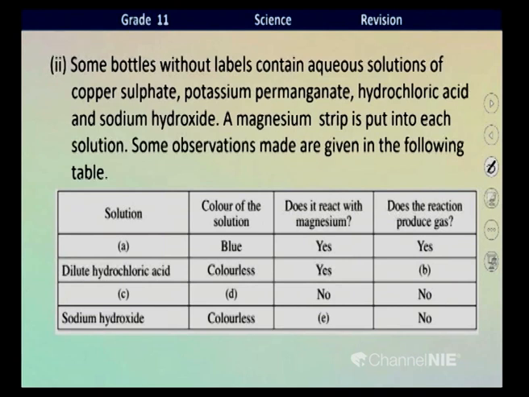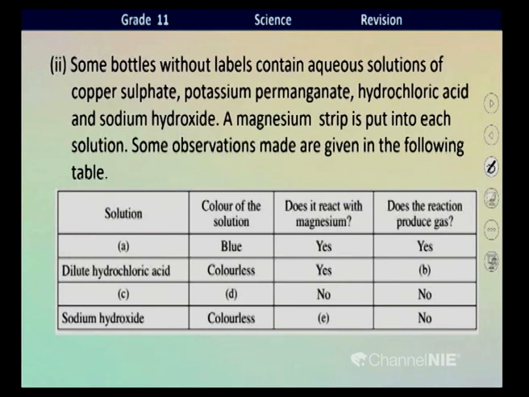Some observations made are given in the following table. Look at here, children. There are 5 blank spaces as well. You have to fill these 5 blank spaces A, B, C, D, E at the end, right? Before filling, we'll study the table first.